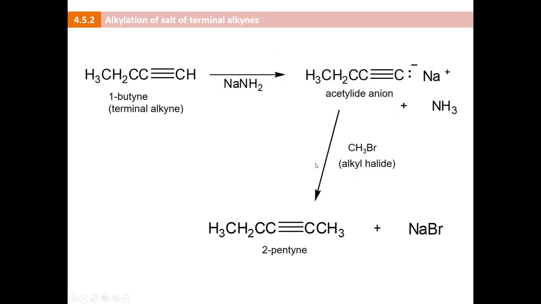So after that, this acetylide ion, what will happen? Here it will combine with CH3. This CH3 comes from where? Comes from this one, alkyl halide, to produce 2-pentyne.